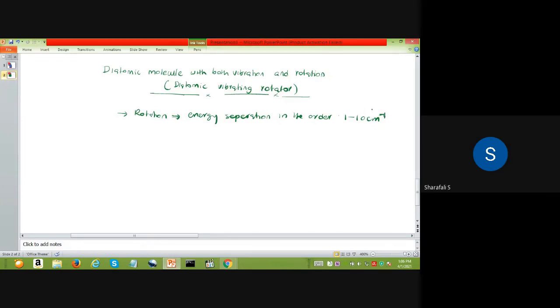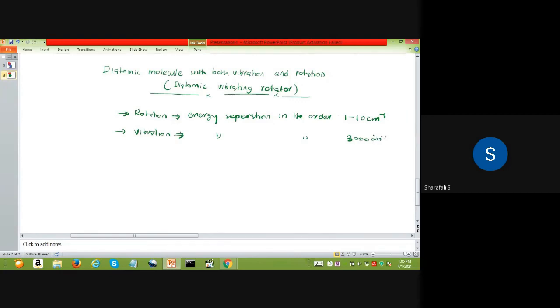Within that range, the energy separation will be there for each energy level. But in the case of vibration, the energy separation will be in the order of around 3000 centimeter inverse.